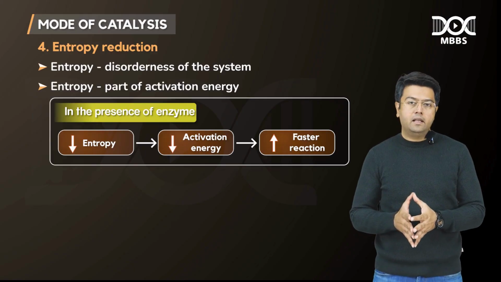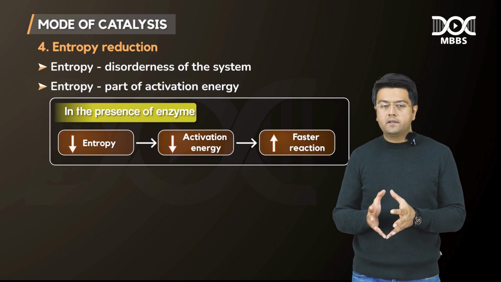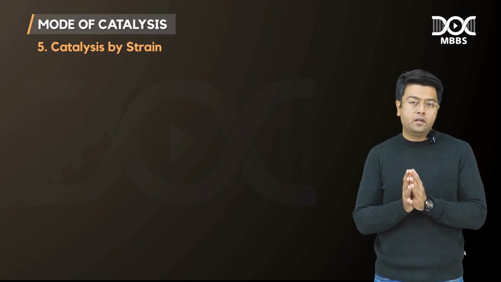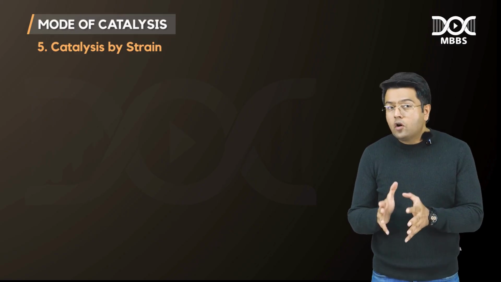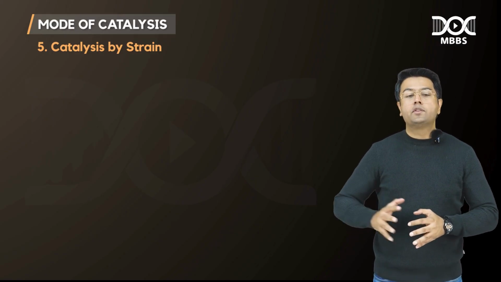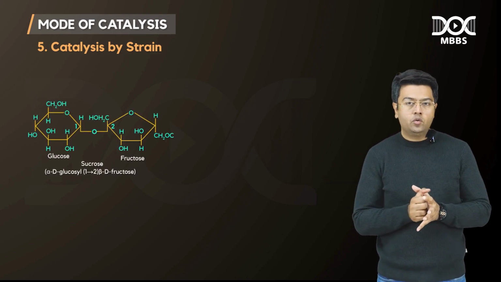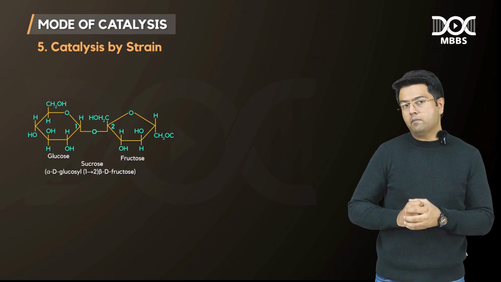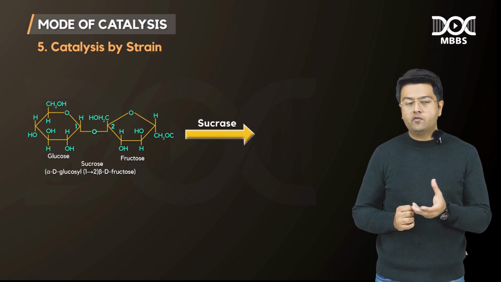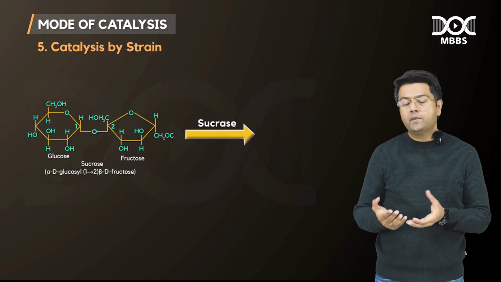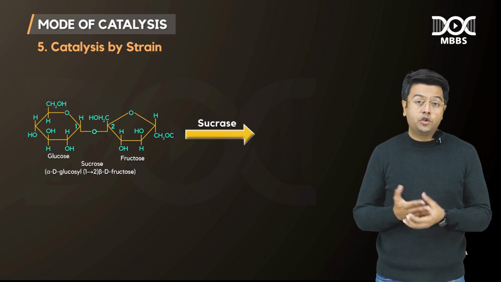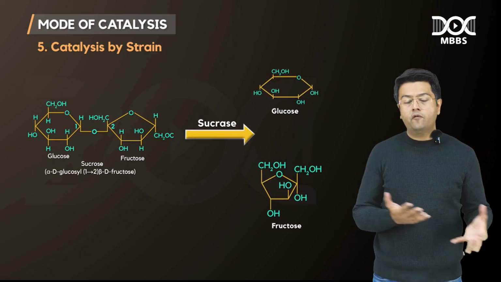Then guys, the last one is called the strain, catalysis by strain. So what do you mean by that? Guys, when the enzyme is binding to the substrate, let's take an example. Sucrase is one of the enzymes, a hydrolase enzyme. Sucrase breaks sucrose into glucose and fructose.